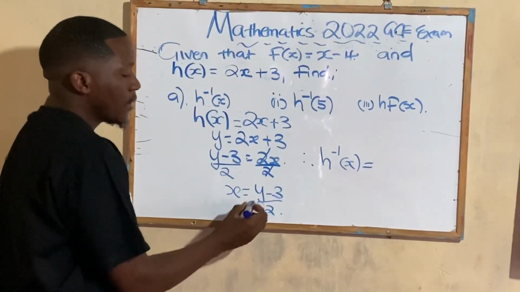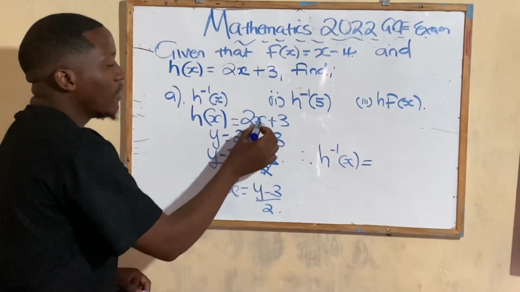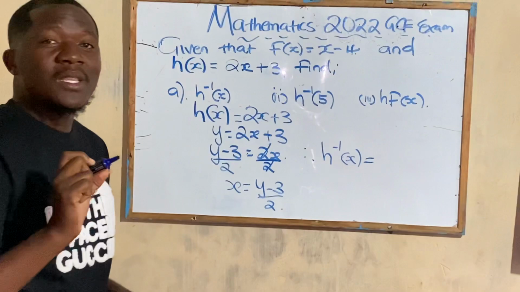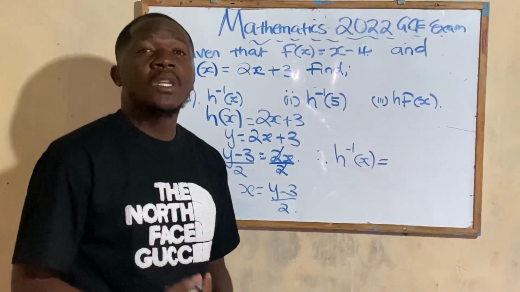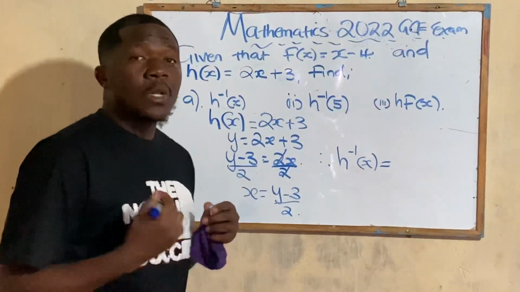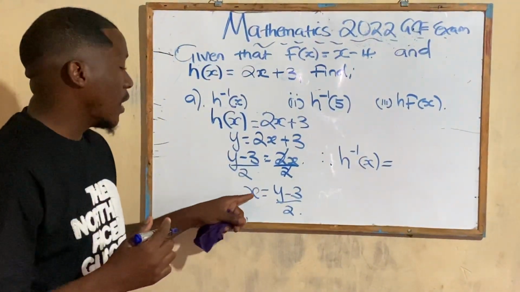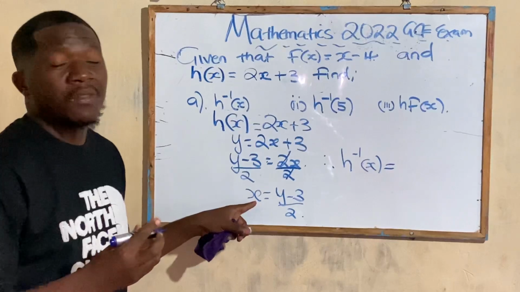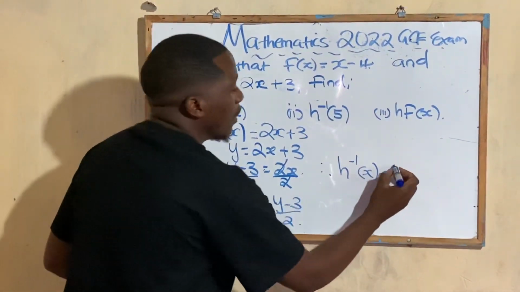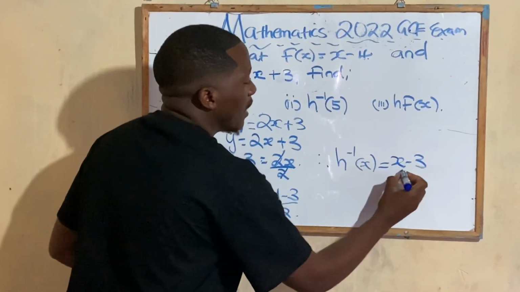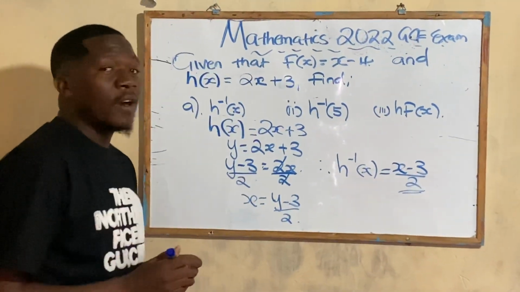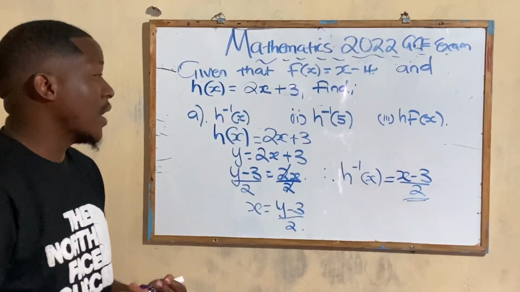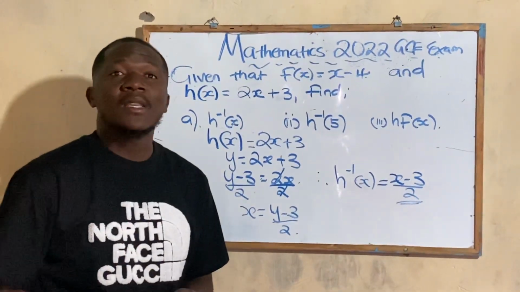And when we say equals to, this y was not part of the original function, which means it should be replaced with the original letter used in the original expression. It was only introduced to help us with x being made the subject of the formula. So where there is y, we're going to say x, maintaining everything else. And having done that, it means we found the inverse of the function, which is x minus 3, everything over 2.